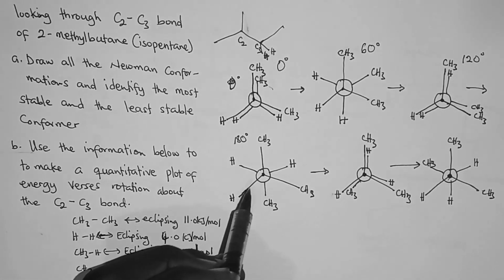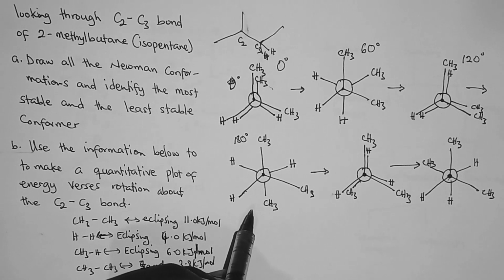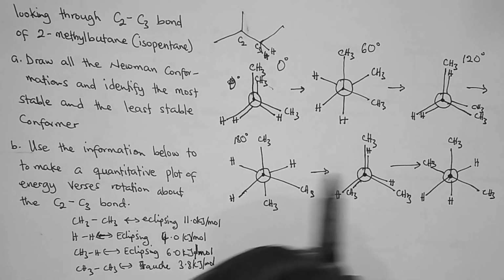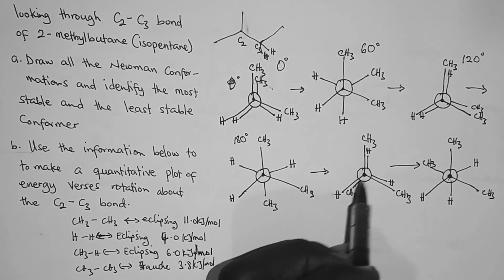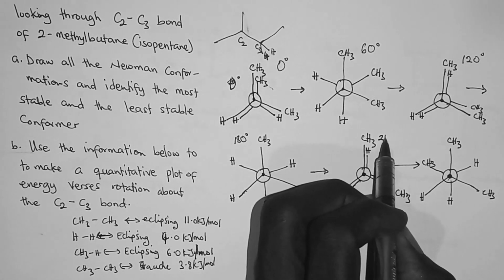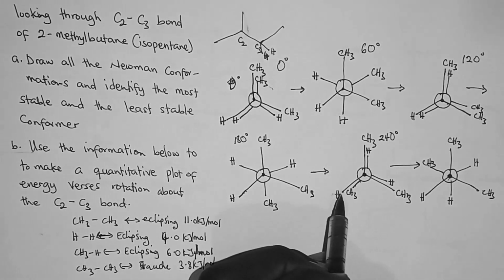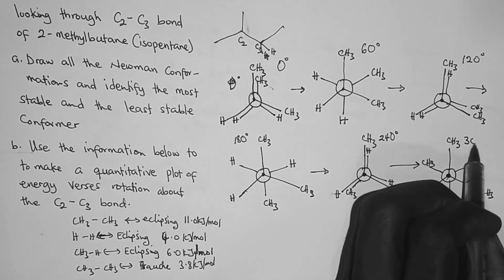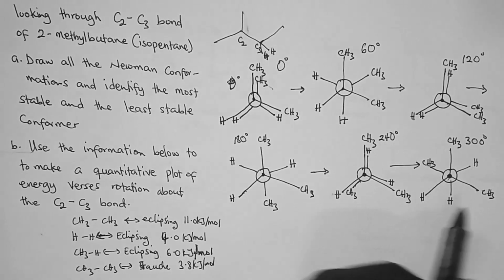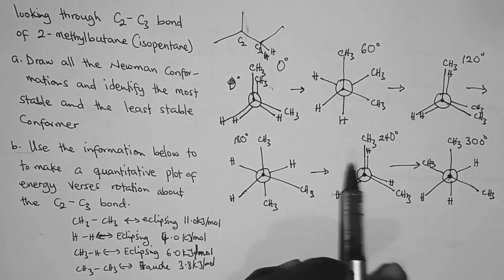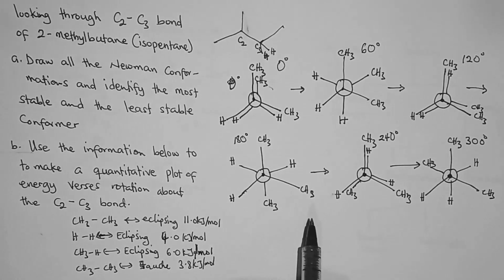This is actually the anti-staggered conformation. And then from this 180, we'll come to a 240 degrees rotation. And then from 240, here's a 300 degrees rotation. And from 300 degrees, we go to 360 degrees, which is the same as the 0 degrees rotation.